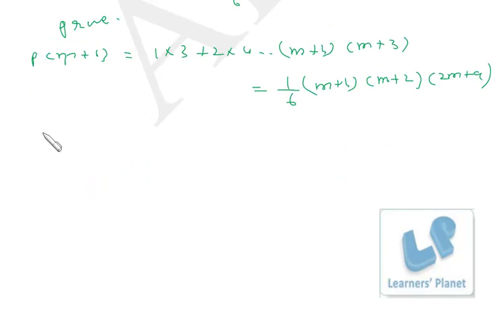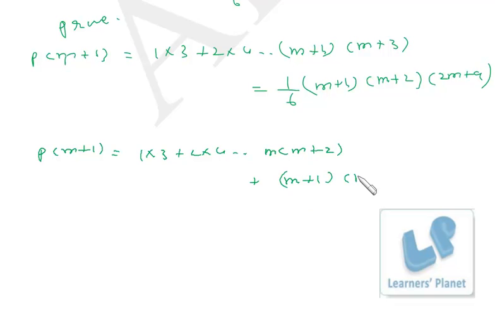Okay. So I write down Pm plus 1, that is 1 into 3 plus 2 into 4 till m into (m plus 2), plus (m plus 1) into (m plus 3). Okay, that is Pm plus 1.